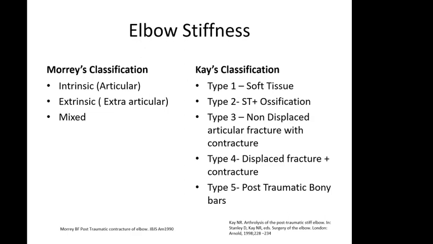Extrinsic, on the other hand, involve capsule, ligament contractures, and extra-articular malunion. Most of the post-traumatic stiffness is mixed.